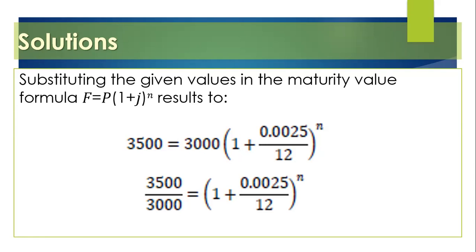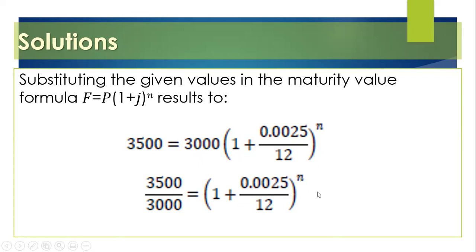Okay, so pwede niya, bago niya i-apply yung property of logarithm, dinivide niya muna yung F sa P. So F over P. So 3,500 divided by 3,000 is equal to 1 plus 0.0025 over 12 raised to n.